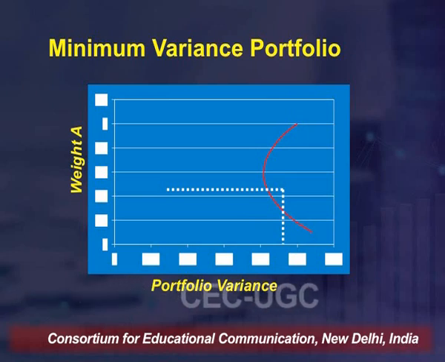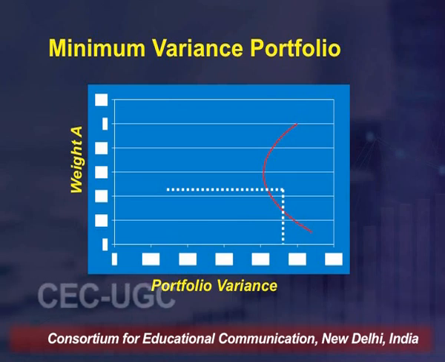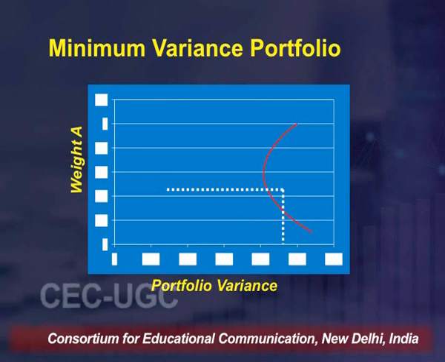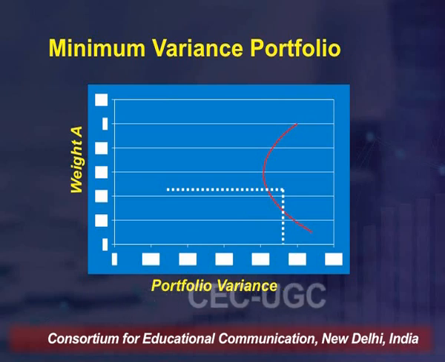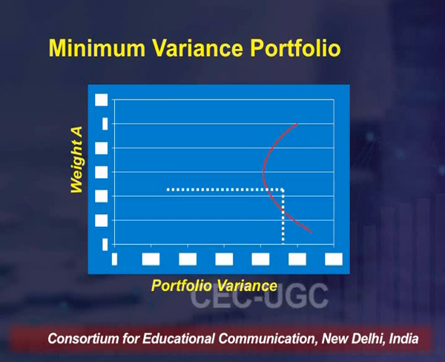We are at a position where the risk of the portfolio is at its minimum level. If we increase the weightage from 59.07 to say 60% or 70%, you can see in the graph that the variance is increasing. Also, if we reduce the investment in stock A, even after reduction, the variance starts to increase. So ideally, it is 59.07% where we get the minimum variance portfolio.